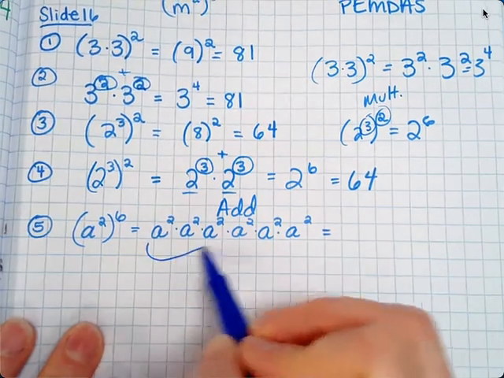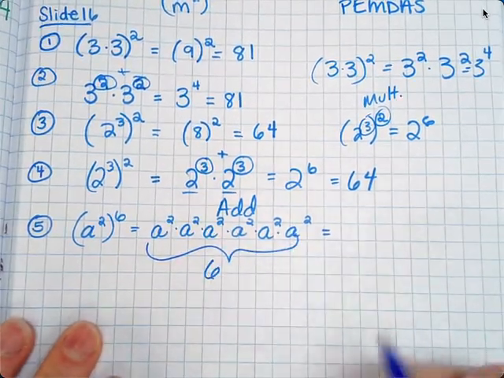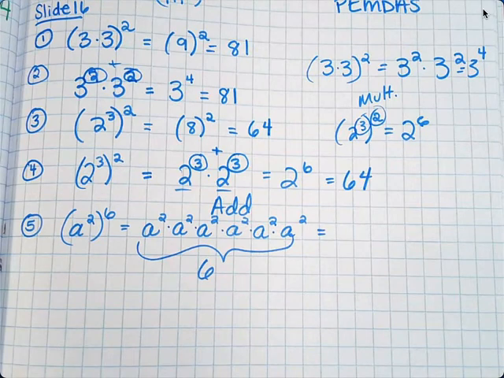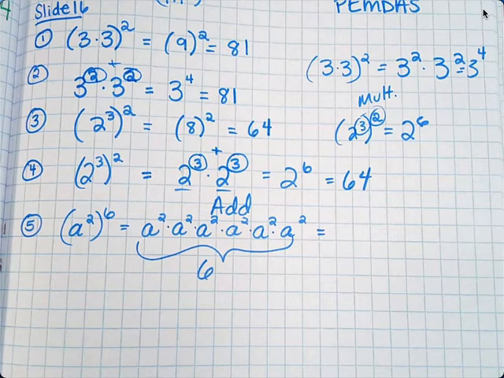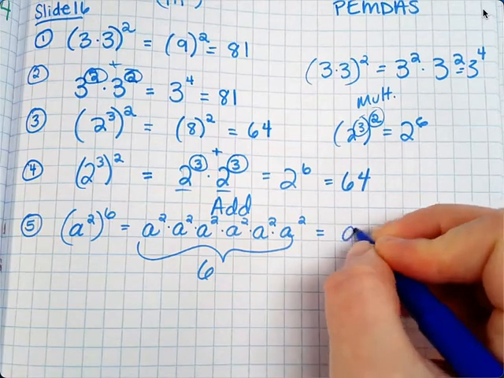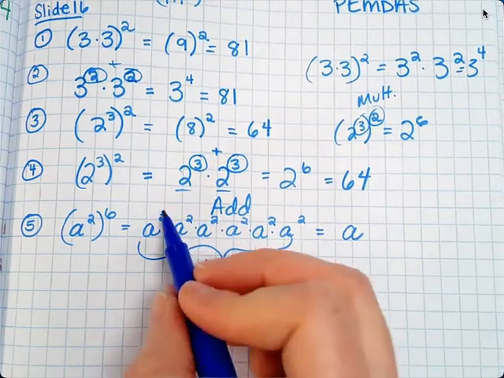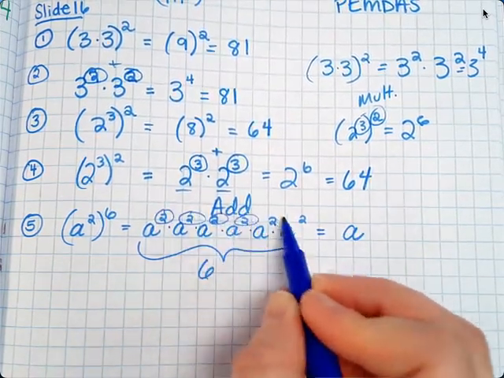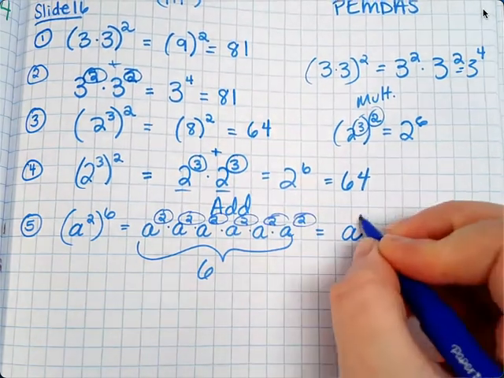So there are 6. What is the exponent now? 2 six times, because we add these, right? What would that come out to be? To the 12th power.